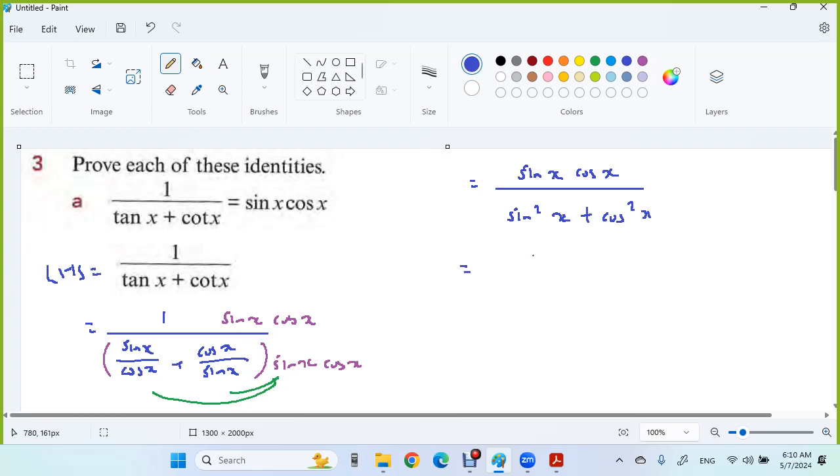So I have the sine x cos x over 1. Then this is the sine x cos x, equal to the right hand side. So I know that sine square plus cos square equal to 1. So this is the identity. Sine square plus cos square equal to 1.